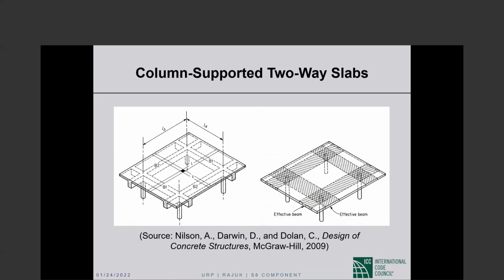So the point is that just like in this picture, the slab strips running in the short direction and the beams running in the short direction transfer 100% of the slab load. Similarly here, the slab strips running in the up and down direction and the column strips running in the up and down direction together transfer 100% of the slab loads. In the left to right direction, the same thing. The middle strip running in the left to right direction plus the column strips running in the left to right direction transfer 100% of the slab load.